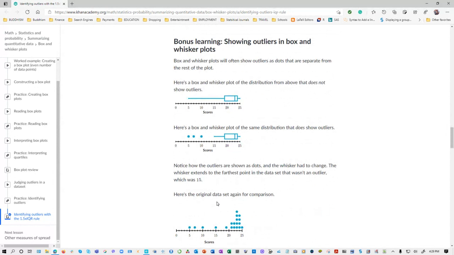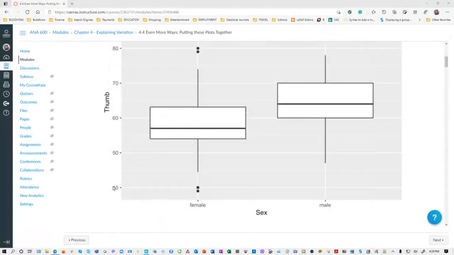See where it's going to stop? That's the place where the outlier should be. See how the outlier is shown as a dot. For the same distribution that has an outlier, we stop, and this should be the point at 1.5 IQR. Okay, like that. If they don't have that, the whisker is going to go all the way down to here.